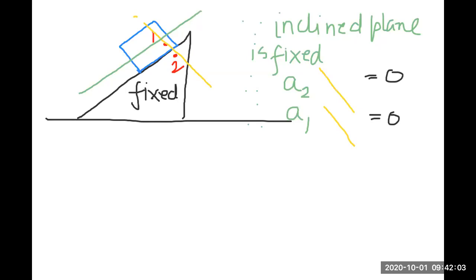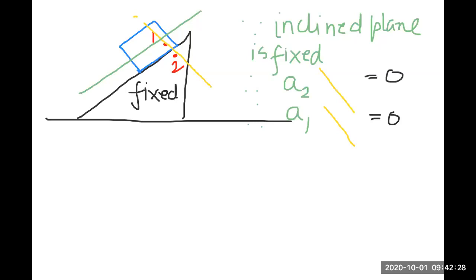अगर पॉइंट 1 और पॉइंट 2 के एक्सेलरेशन में मिसमैच हुआ along the yellow line, तो या तो कांटेक्ट खत्म हो जाएगा या ये दोनों एक दूसरे के अंदर घुस जाएंगे. Both are not allowed. Therefore, along the yellow line, the acceleration of the two blocks or the two objects in contact must be the same, right?